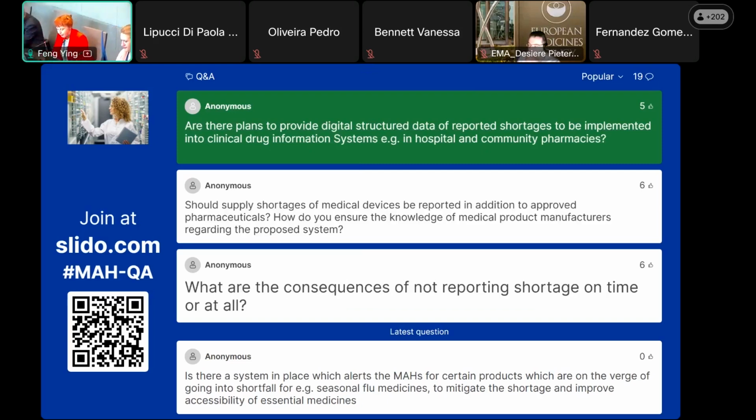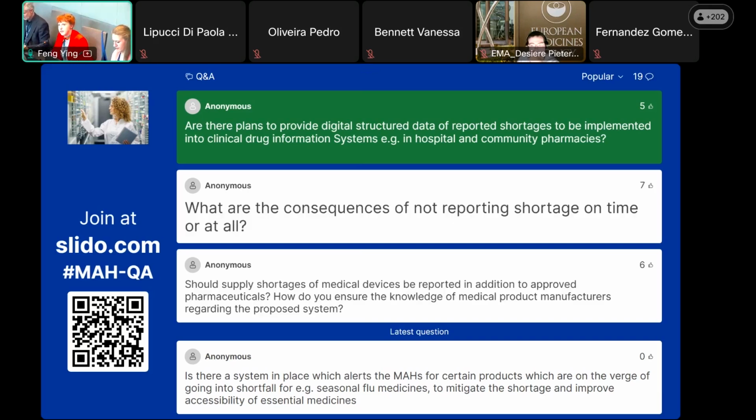So at a national level, there are some countries who already have that, so fully connected systems for reporting shortages, and then the systems that doctors and pharmacies use to prescribe and dispense medicines. So the ESMP is on a European level, so currently we only collect data on shortages, and the data doesn't flow further to any hospital and pharmacy systems.